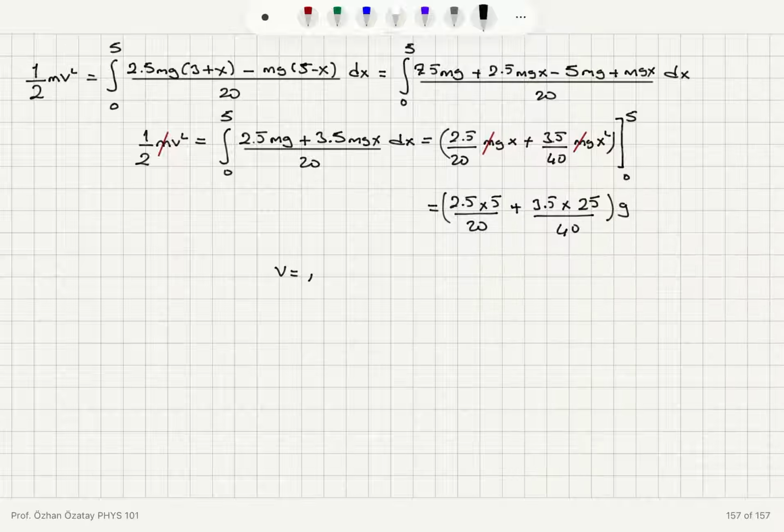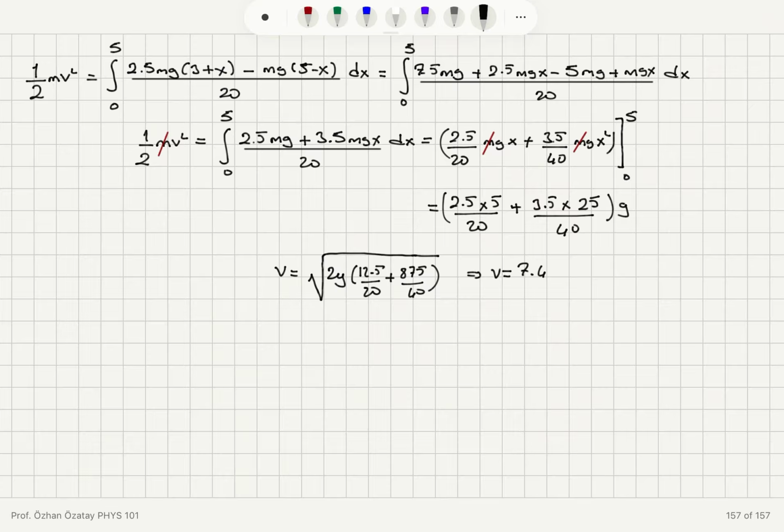So I will find that v will be the square root of 2g times (12.5 over 20 plus 87.5 over 40), and the final speed is 7.42 meters per second.